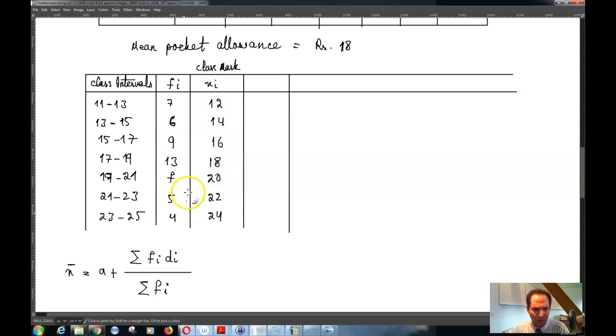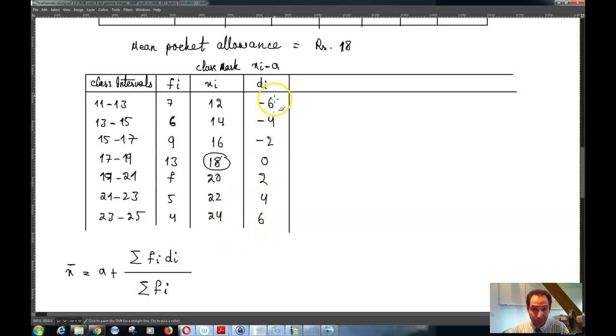So now I need to calculate my d of i, which is equal to x of i minus a. I can take this value, 18, as a, and d of i, x of i minus a, will be 12 minus 18 is negative 6, 14 minus 18 is equal to negative 4, negative 2, 0, 2, 4, and 6.